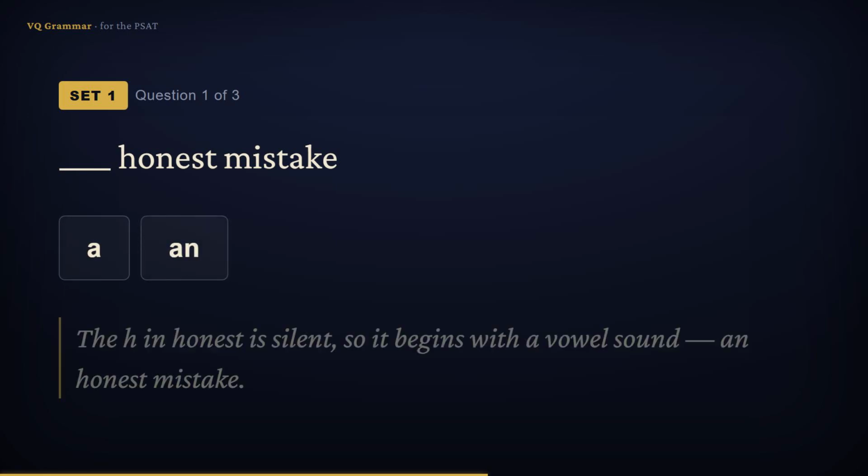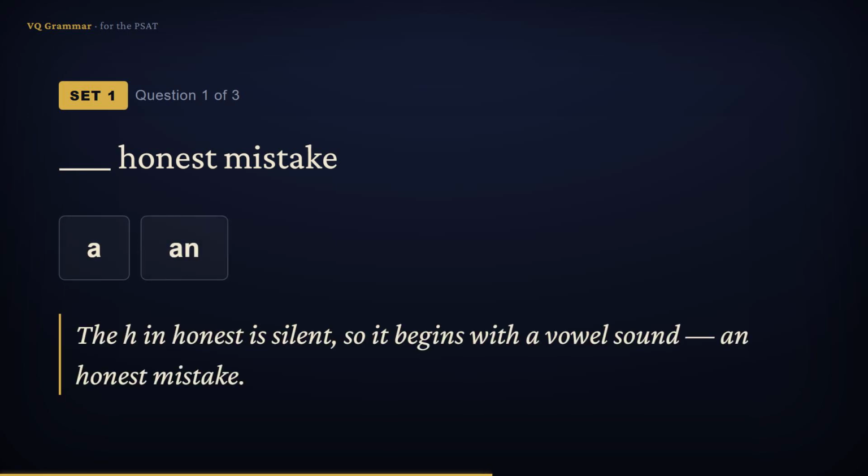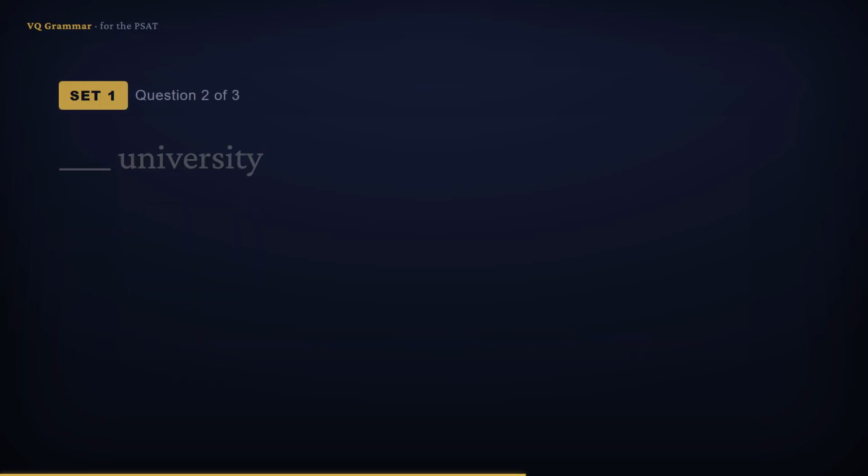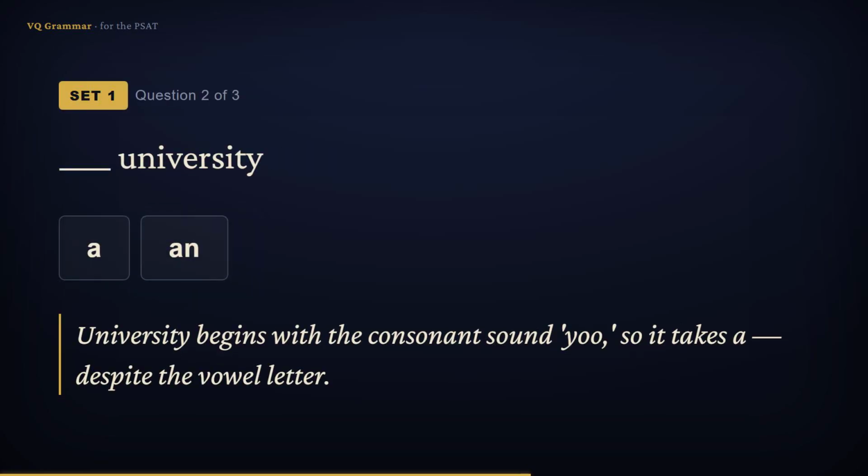Honest mistake. A or an? Listen to honest. The H is silent, so the word actually begins with the vowel sound on. A vowel sound takes an, so the answer is an. University. A or an? It starts with the letter U, a vowel, so you might reach for an.